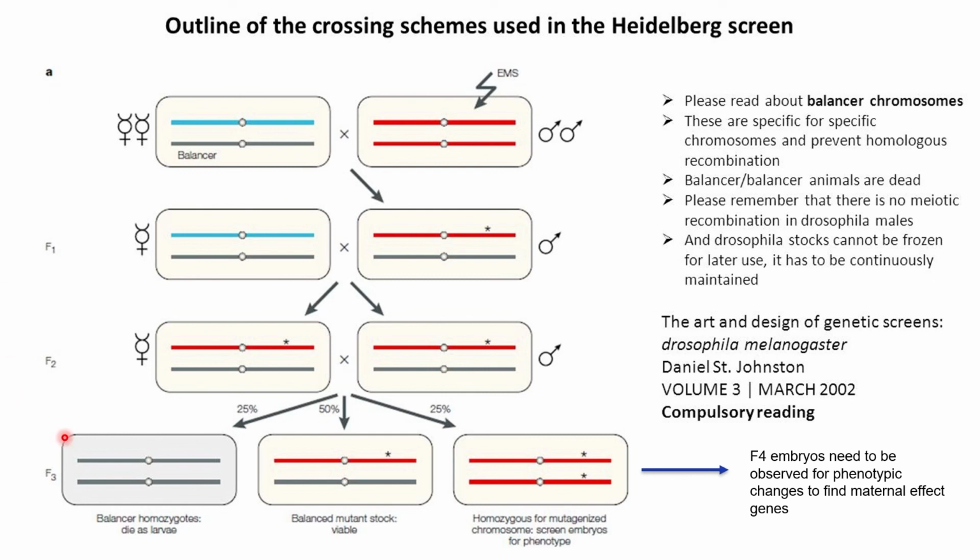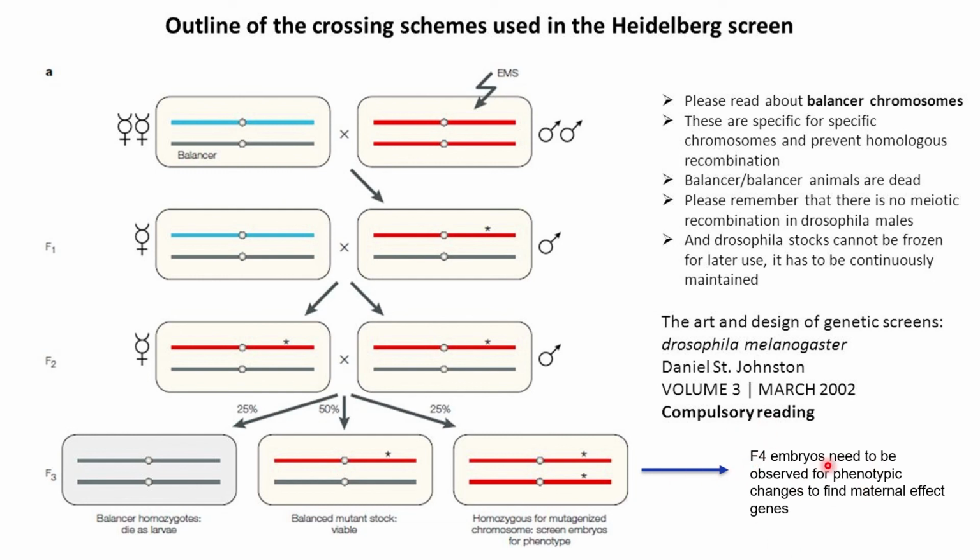But as you can see in the F3, there is presence of the homozygous mutants. In the homozygous mutants themselves is where we want to see the particular defect. But if these defects have occurred only in the maternal effect genes, then the F4 embryos need to be observed for phenotypic changes to find the maternal effect.